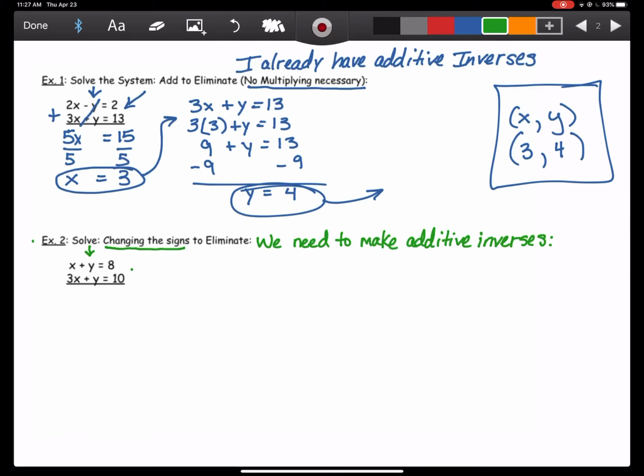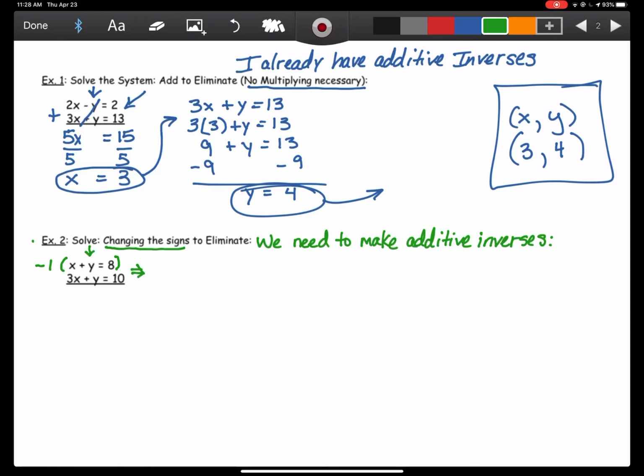So the way I do this is I like to show a yield arrow, which you see in science a lot. It just means will produce or will cause. It doesn't mean equals exactly. It's just saying this will make the next thing. So I'm going to show distributing on the top equation. It could be the bottom equation too. In this case, it doesn't matter. I'm going to show distributing of a -1.